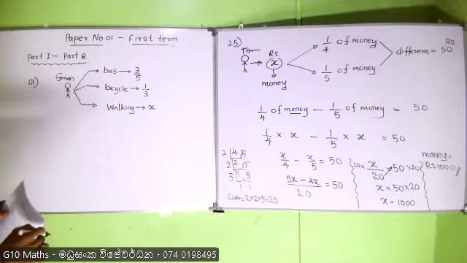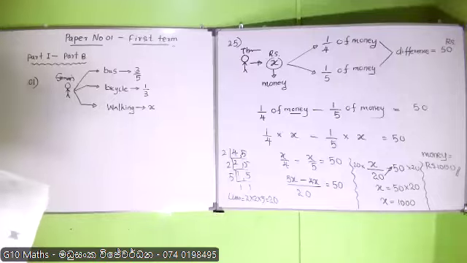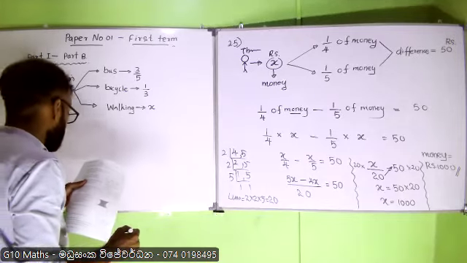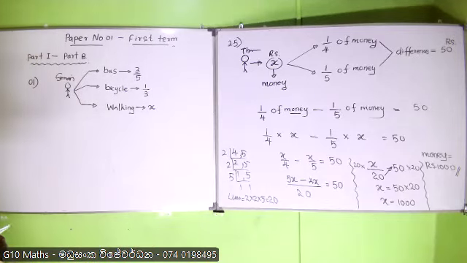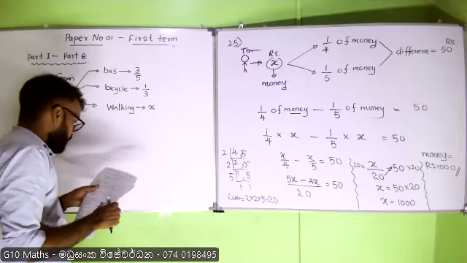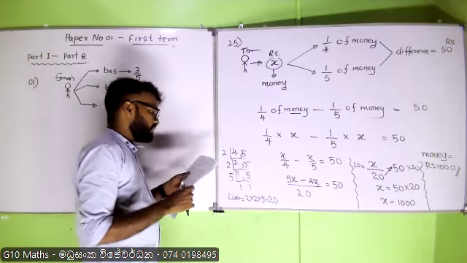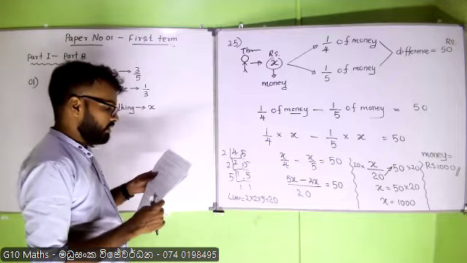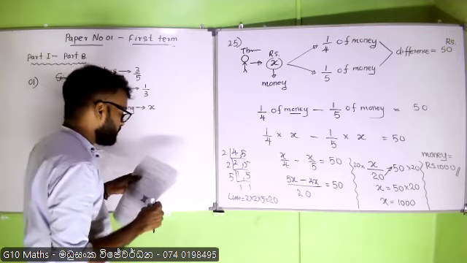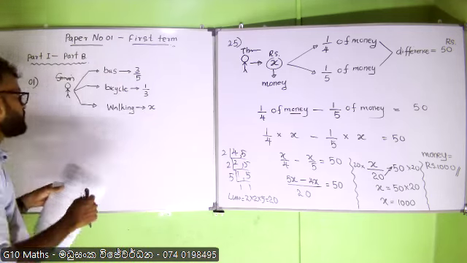I have put it as x because I do not know the value. Then the first thing they asked, what is the fraction he travels by bus and bicycle to the total distance?